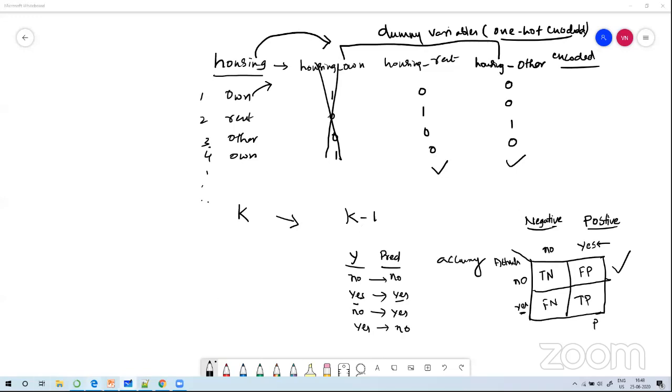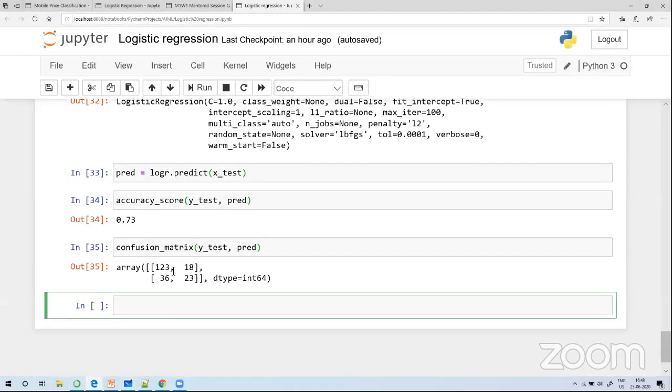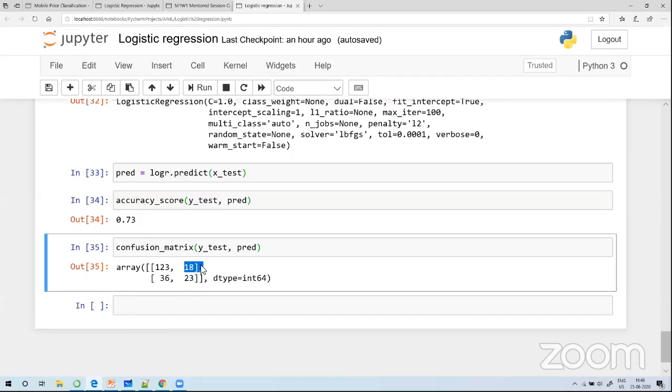It would take a while for people to understand the logic of a confusion matrix. So this is our true positives, this is our false positives, this is our false negatives, and this is our true negatives. True negatives and true positives are correct predictions. These two, false positives and false negatives, are error predictions.